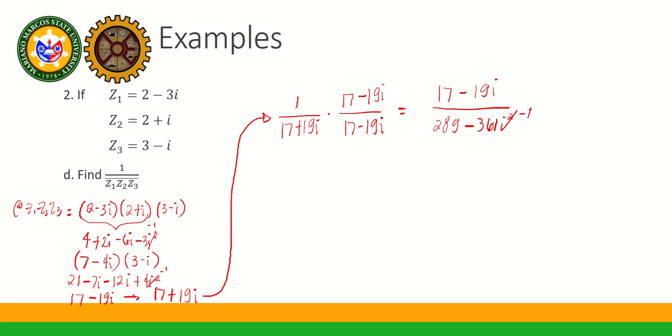And i squared is equal to negative 1. So, our final answer would be 17 minus 19i over 289 plus 361. That is 650. Okay, so this is our final answer for example letter D.